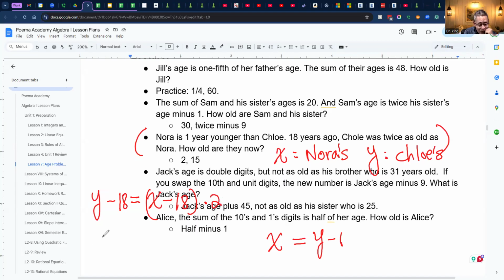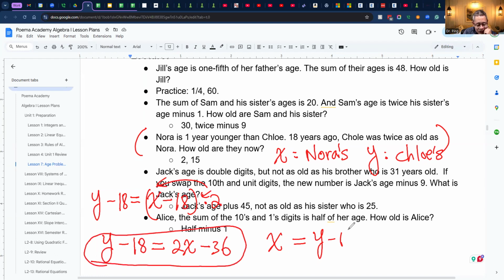And now we have this y minus 18, we can distribute 2 into it. So we got 2x minus 36. So now we have two equations, two variables. Then that means we can find the solution.